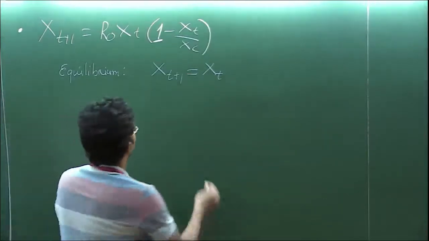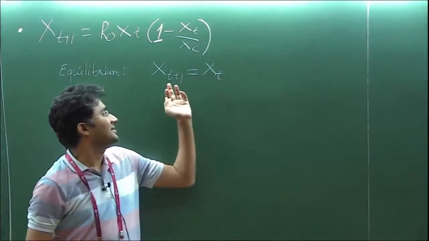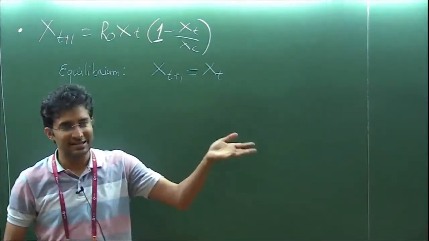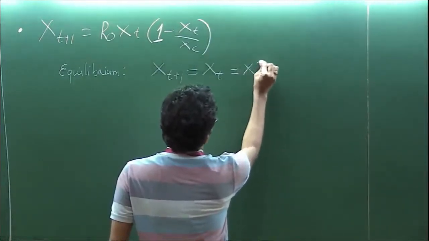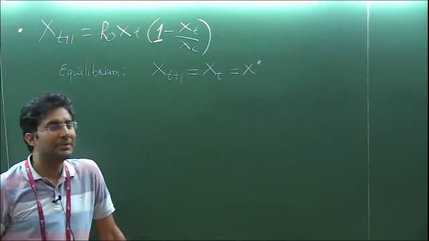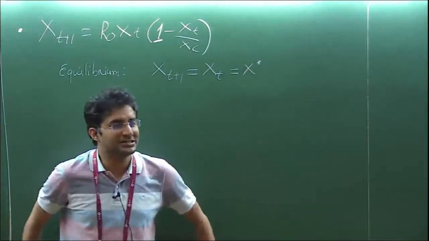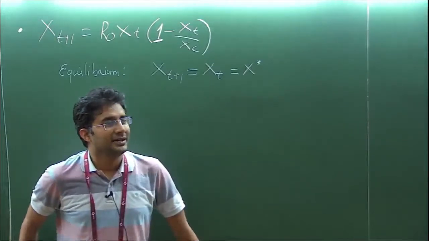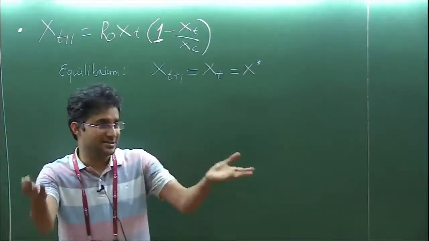Because if population is not changing over time, this subscript t is basically irrelevant. So we represent such populations dropping the subscript t, and maybe with a star to indicate it's a special population size, one that if you reach it somehow, it just never changes.